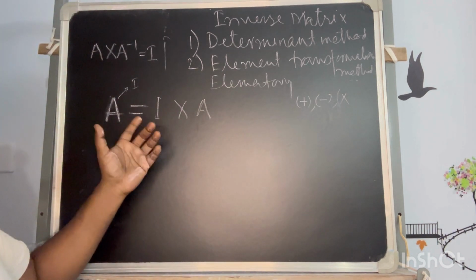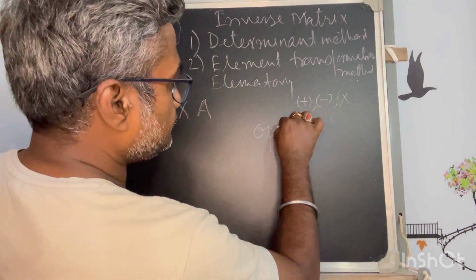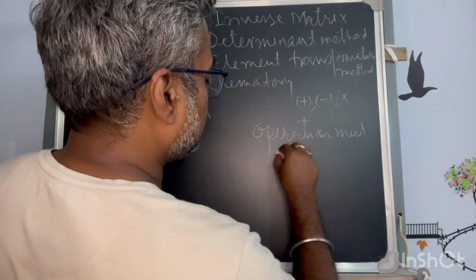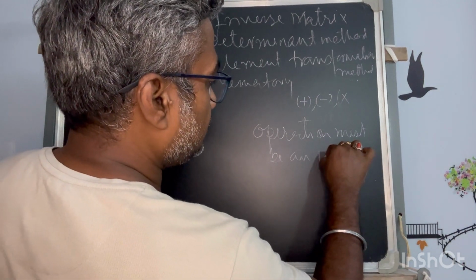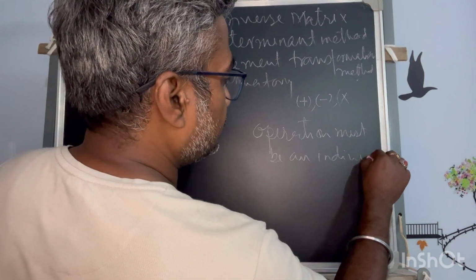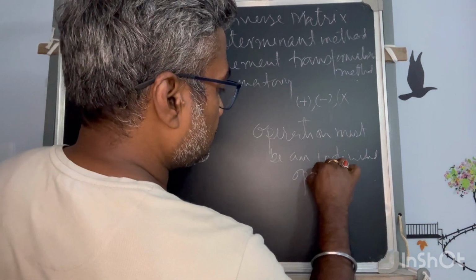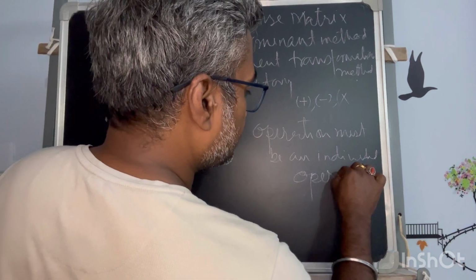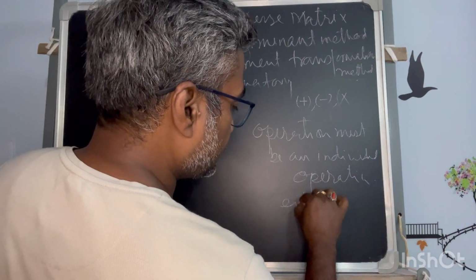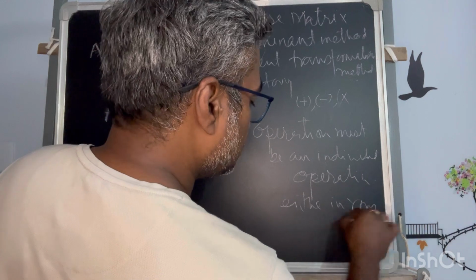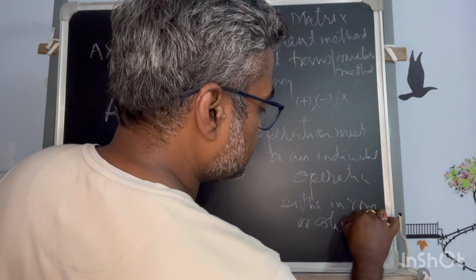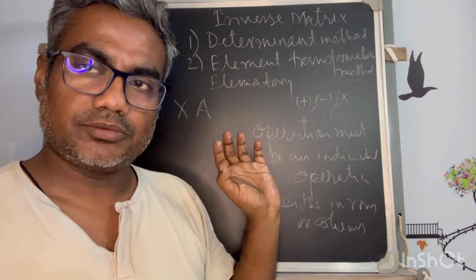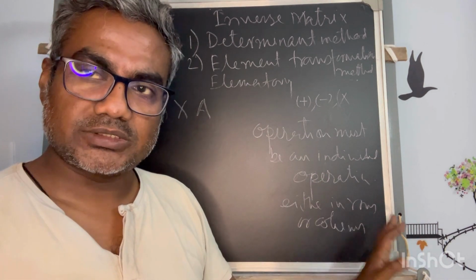For this kind of thing, the rule is that the operation must be an individual operation, either in rows or columns. That means if you start with the column operation, you have to end with the column operation. If you start with the row operation, you have to end with the row operation. You cannot mix and match.